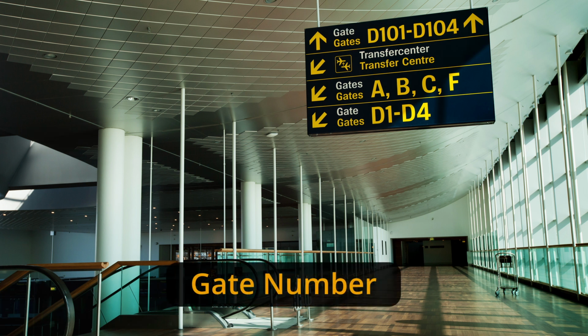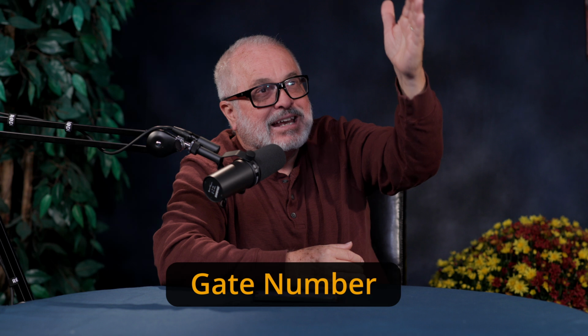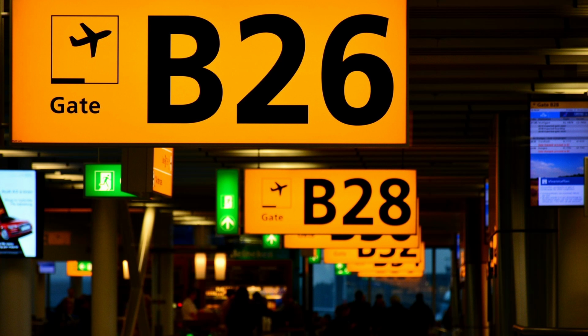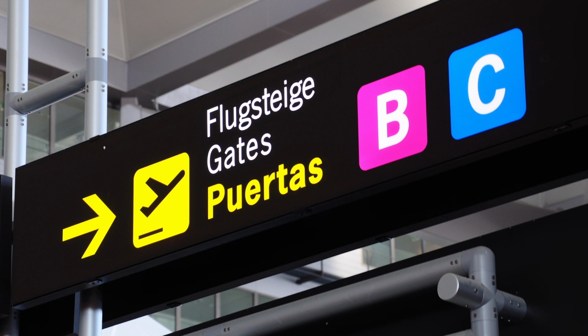So always look up for the signs and follow the arrows. After you've walked a little bit, they'll have another sign. If Concourse B branches off, then the arrows are going to probably change. Concourse A is going to point in this direction, and Concourse B is going to point in this direction.